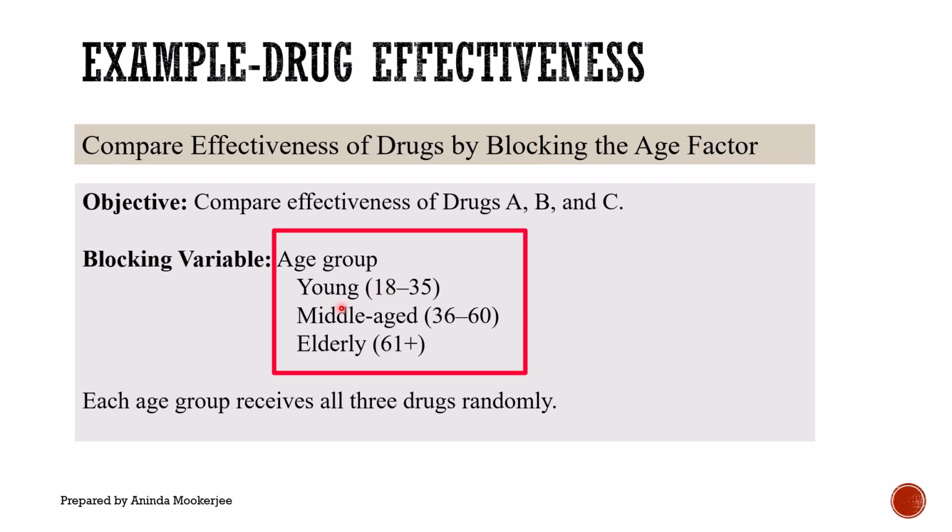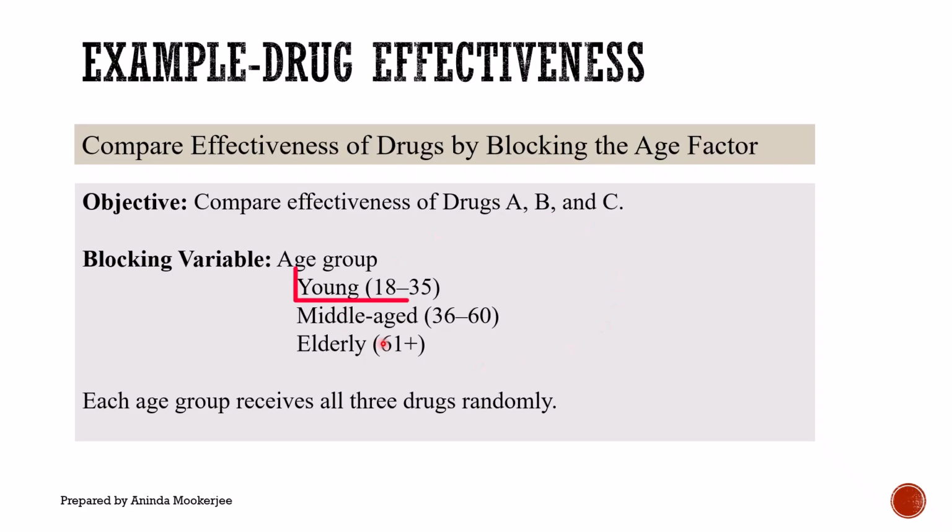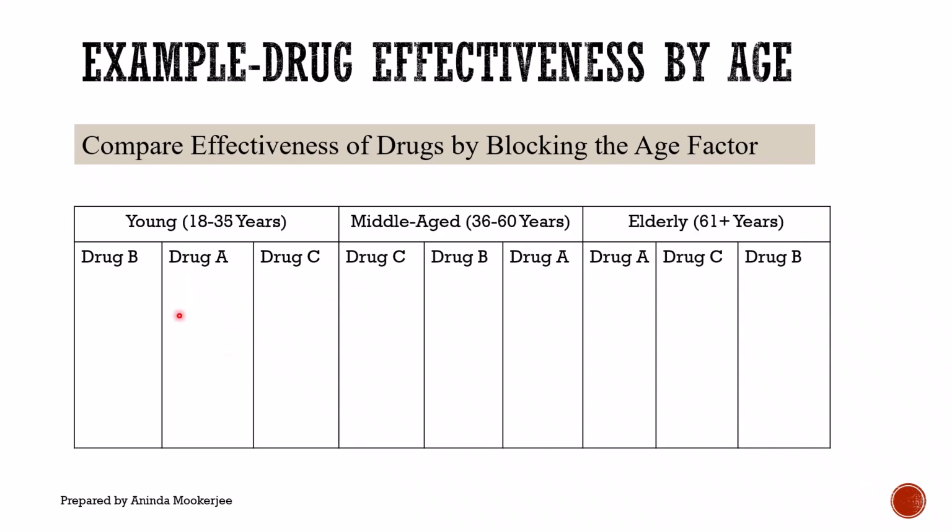There'll be a younger group of subjects within the age group 18 and 35, then the middle-aged group of subjects within the age group 36 to 60, and finally the elderly block would be members that are aged 61 and over. And each age group receives all three drugs randomly. So let's look at the three blocks that were created for our example.